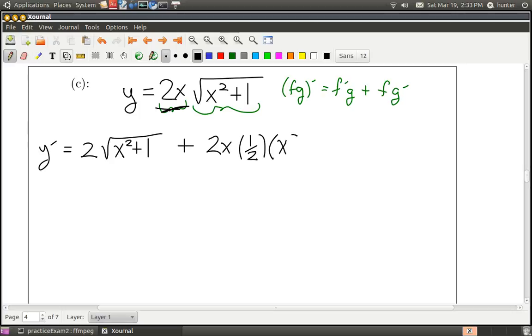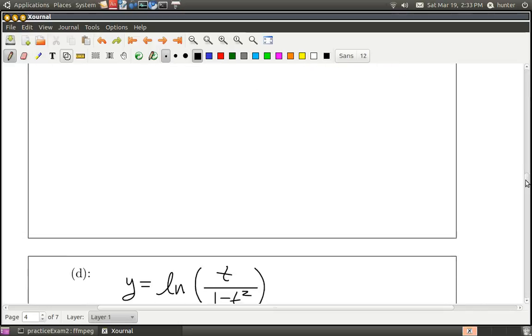Right, so x squared plus 1 to the minus 1/2, and by the chain rule I owe the derivative of the inside stuff, and that is 2x. And this one, some things could combine a little bit, but that's done. So let's go down to the next one.